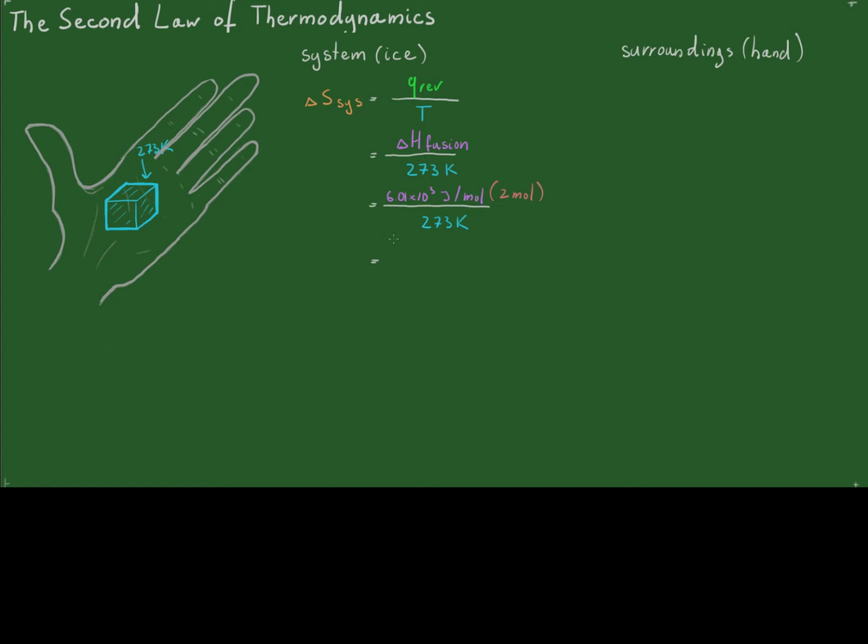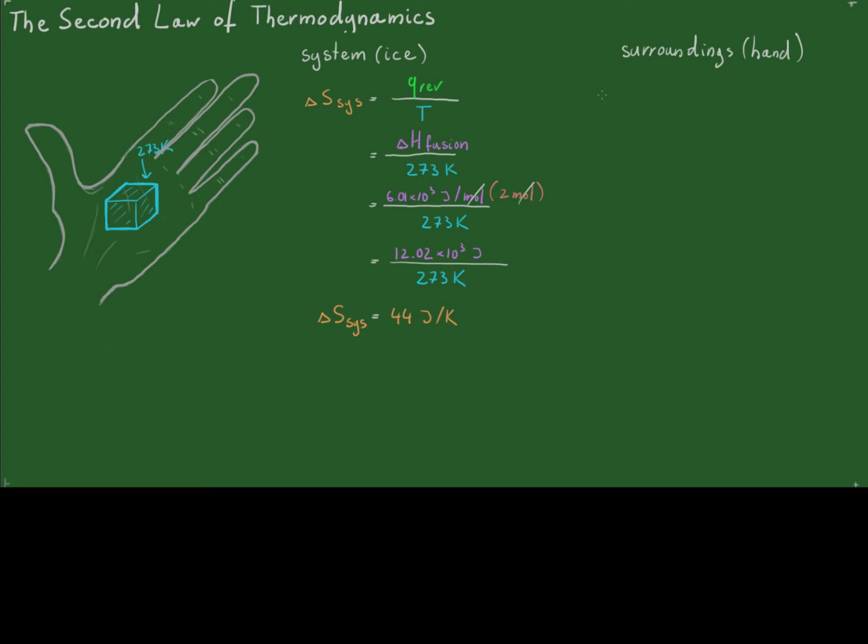And we should get 6.01 times 2 is 12.02 times 10 to the power of 3 joules. The moles cancel. Over 273 Kelvin. And that should be 44 joules per Kelvin. So that is the entropy change for our system.